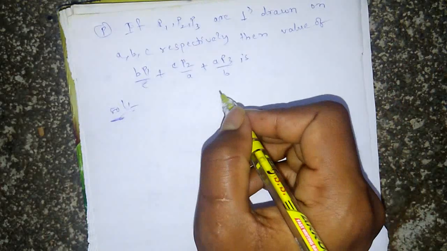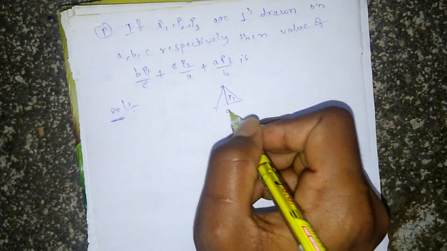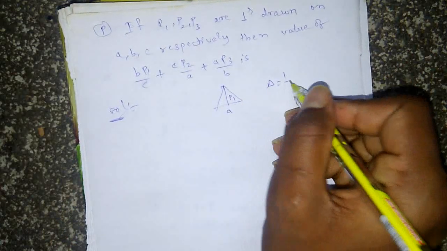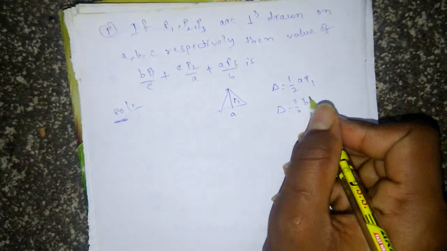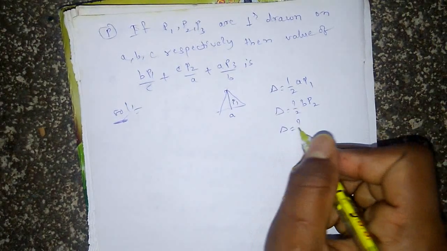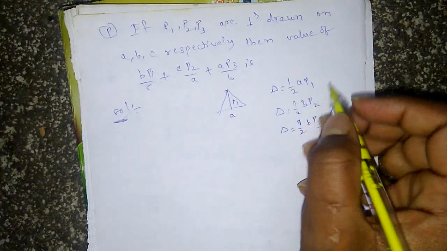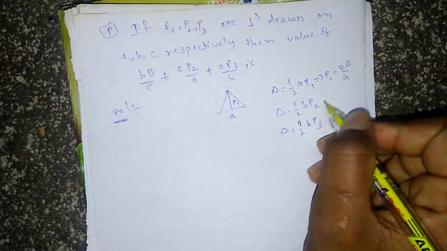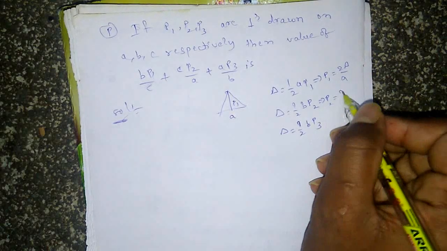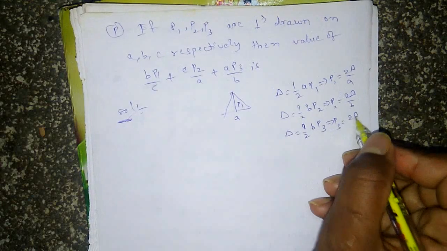Here, perpendicular means, so this is the perpendicular, this is P1, this is a, then Δ = ½ × aP1. Similarly Δ = ½ × bP2, Δ = ½ × cP3. Here the P1 value is 2Δ/a. Similarly P2 is 2Δ/b, and P3 is 2Δ/c.